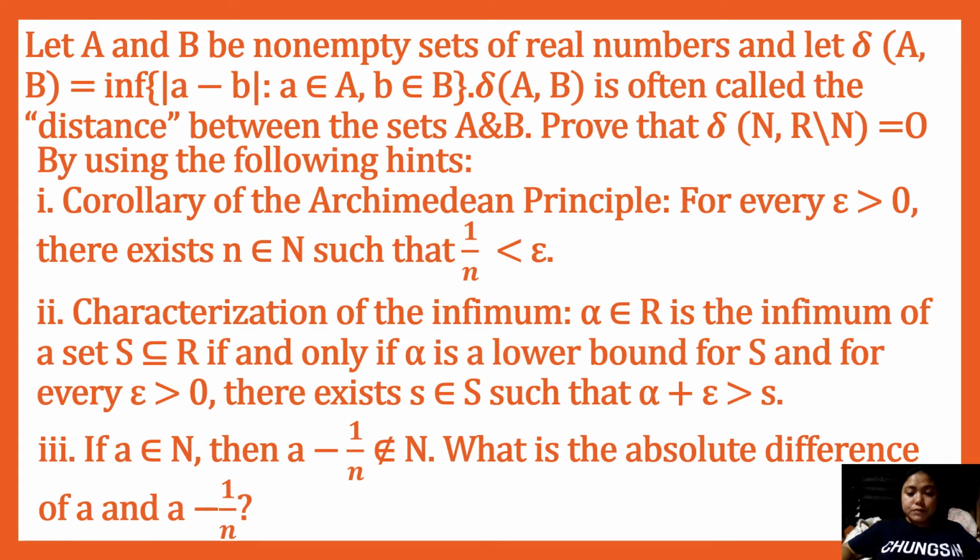Third, if a is an element of N, then a minus 1 over n is not an element of N. What is the absolute difference of a and a minus 1 over n? So we are going to use the three hints in proving that the distance between the natural numbers and the real numbers over natural numbers is 0.